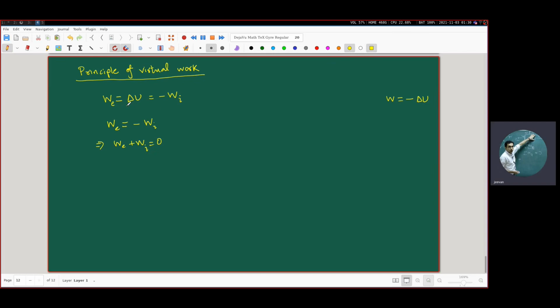Because earlier when we wrote WE is equal to delta U, that was under the limitation that the internal forces were necessarily conservative in nature. But when you write like this, there is no restriction on that. These internal forces need not be conservative.